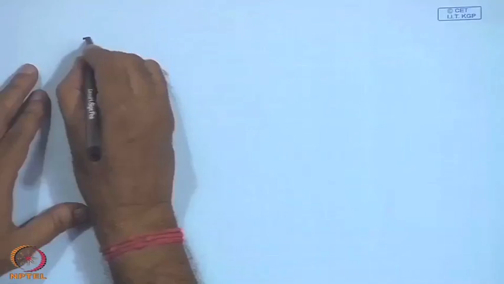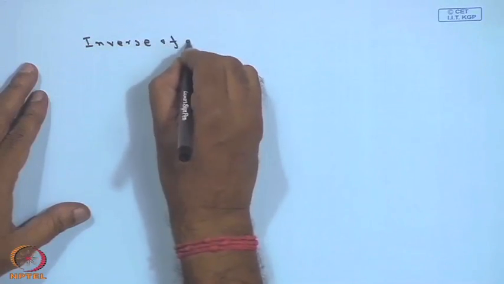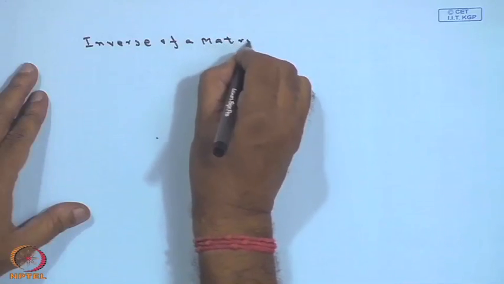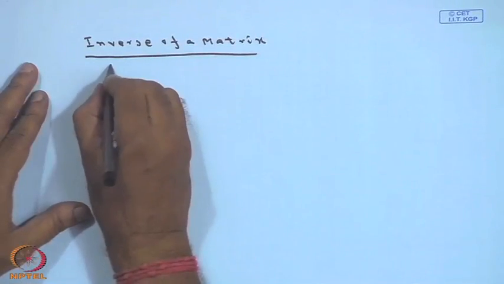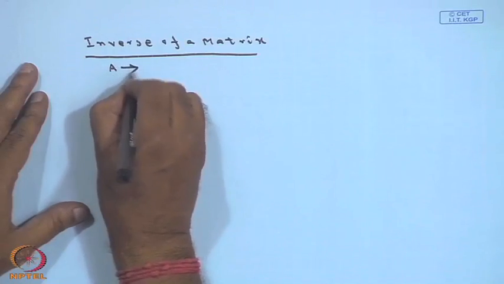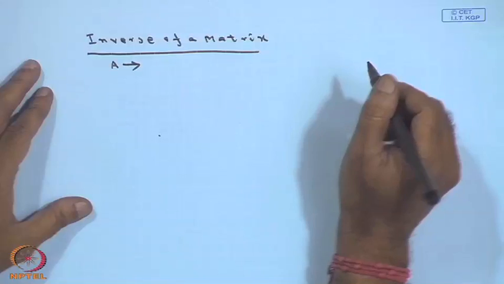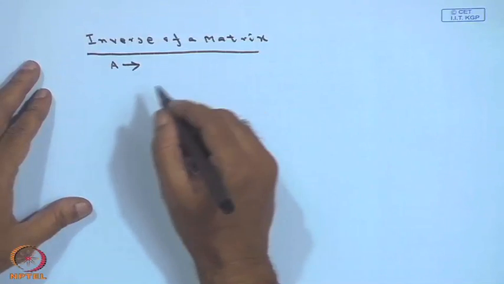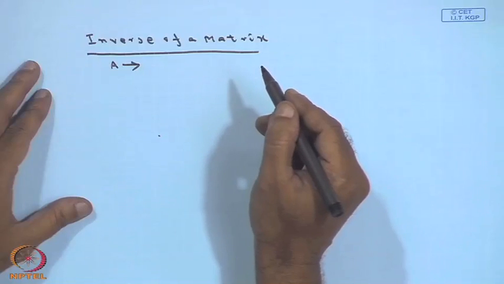Next, come to the inverse of a matrix. Again we are assuming that this matrix A is a square non-singular matrix of order n.